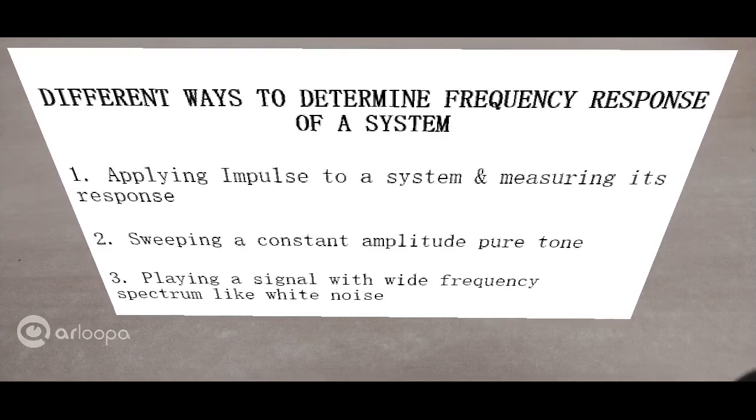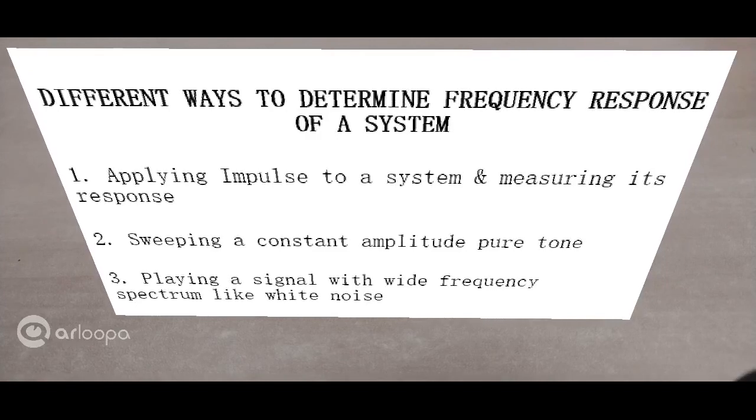The second method is sweeping a constant amplitude pure tone, meaning playing a sine wave from 20 Hz to 20 kHz and then capturing the response. And the third one is playing a signal with a wide frequency spectrum, such as white noise or pink noise. As far as audio is concerned, we use the second method, which is simple and easy.